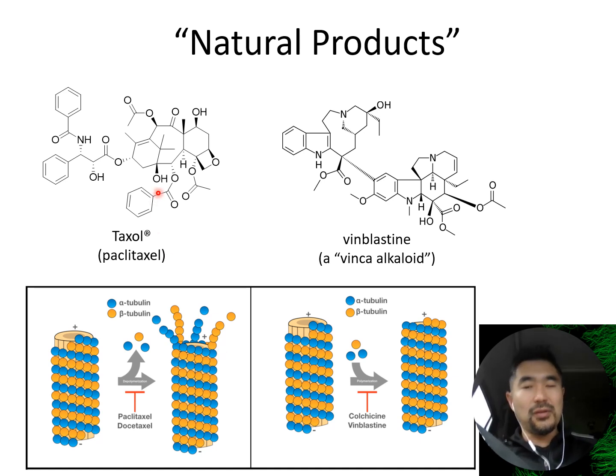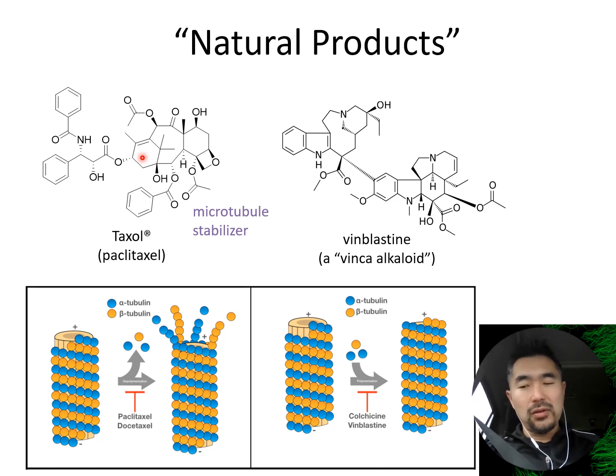And the so-called natural product anti-cancer drugs sort of mess with that process. Paclitaxel, or Taxol, as the registered commercial name goes, is a microtubule stabilizer. And you might wonder why that would mess up the microtubule usage. But remember, these things need to be recycled constantly.